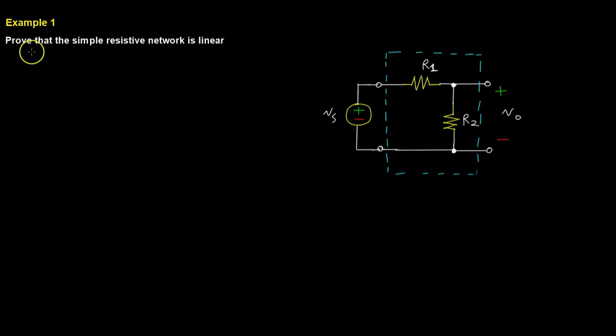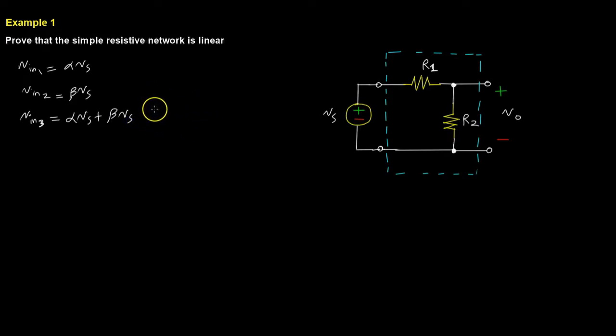In this case, we're asked to prove that the simple resistive network is linear. Given the definition we've seen so far, we have some input voltage, and I can create two different inputs. Vn1 is equal to alpha Vs, and Vn2 is equal to beta Vs. So some factor: 1 volt, 2 volts, 10 volts. You can change the voltage as the system permits, and we can say that Vn3 is going to be the linear combination of these two inputs.